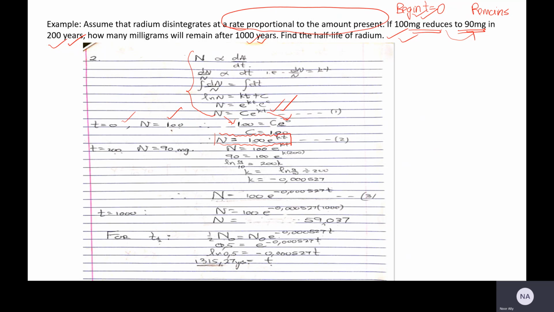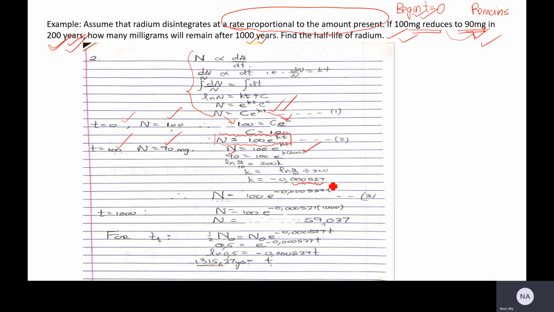What is the other piece of information? 90 milligrams. So after 200 years, 90 milligrams, substitute into N, into t, transpose, work out the value of k. I get k, and I've taken it to 6 decimal places.